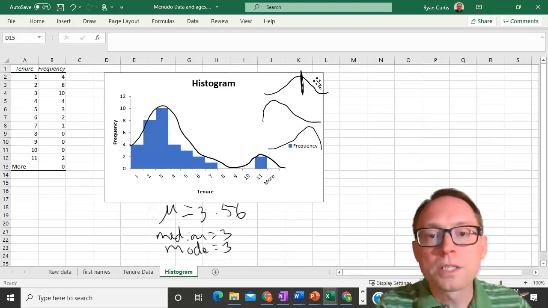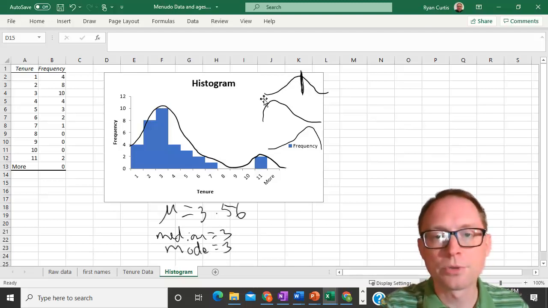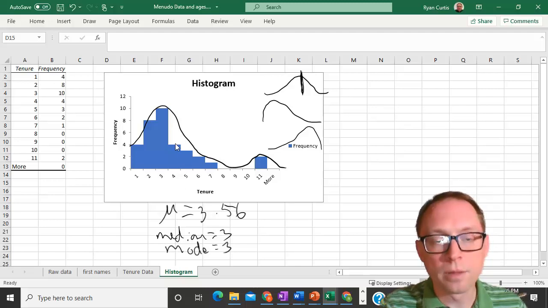In a symmetrical, sometimes called a bell-shaped distribution, the mean, median, and mode are the same. In our distribution, you'll see that the mean, 3.56, is higher than the median and the mode.